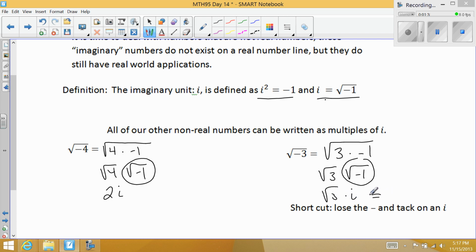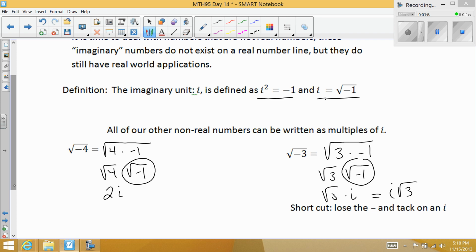I'm kind of old school, so I'm used to writing the i after the square root, but it is more common to write it as i times the square root of 3. The reason is sometimes it's hard to tell where your square root symbol stops, and you want to make sure that the i doesn't sneak inside your radical.